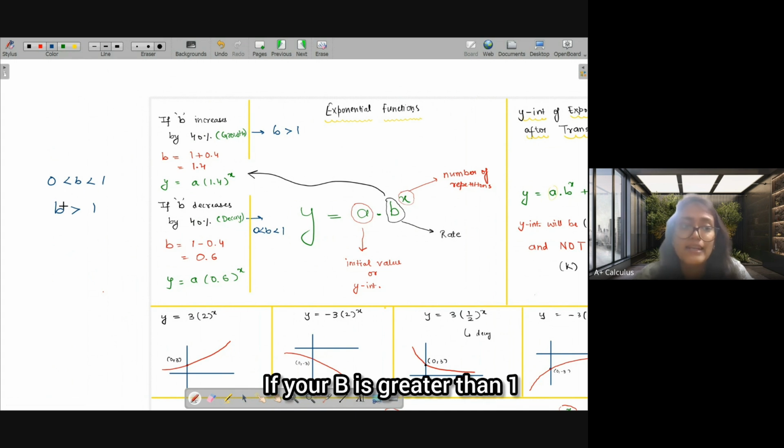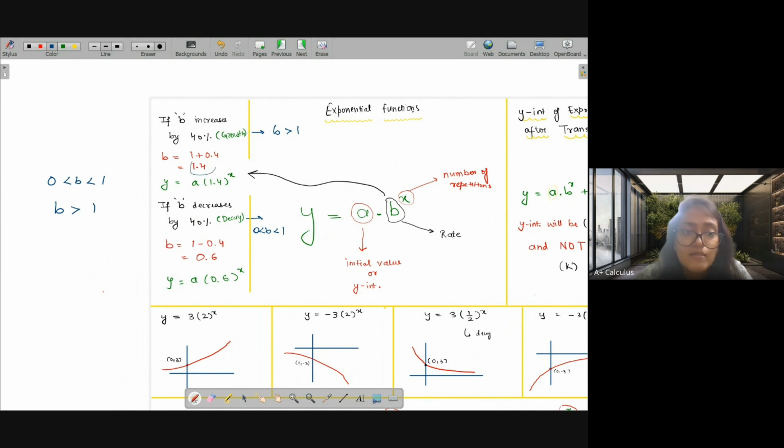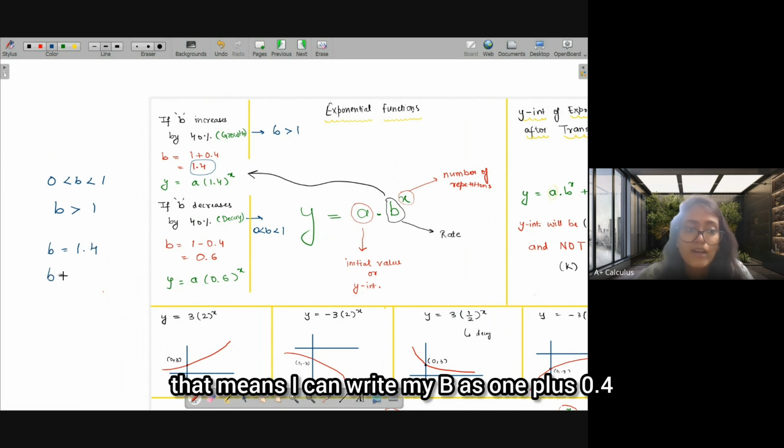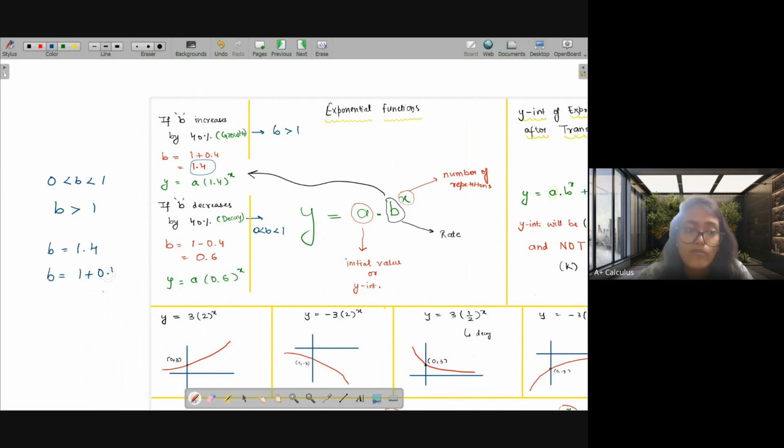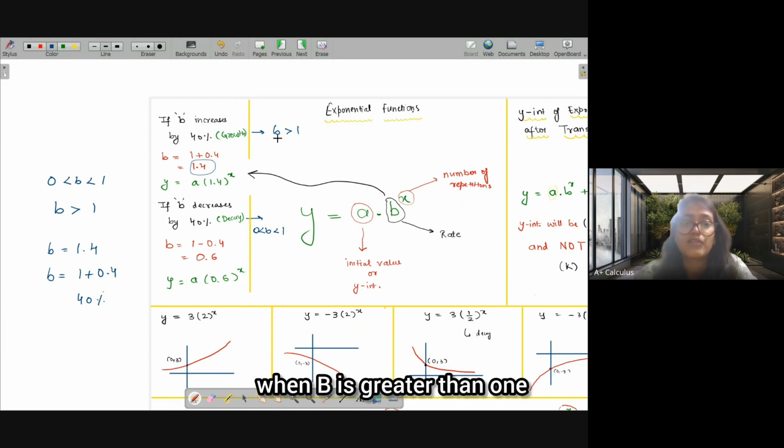If b is greater than 1, which is this case, it is 1.4. So if your b is 1.4, that means I can write my b as 1 plus 0.4. And that means my quantity is increasing by 40%. So this is the case when b is greater than 1.